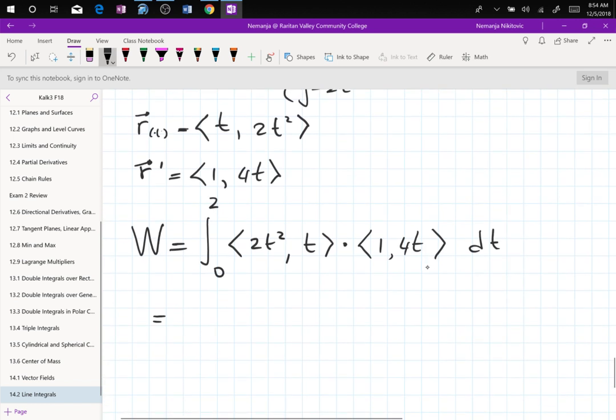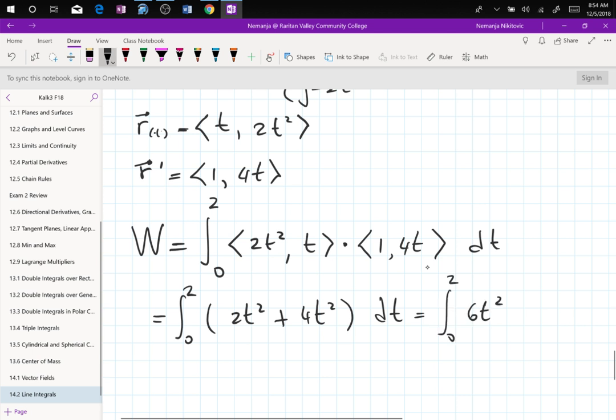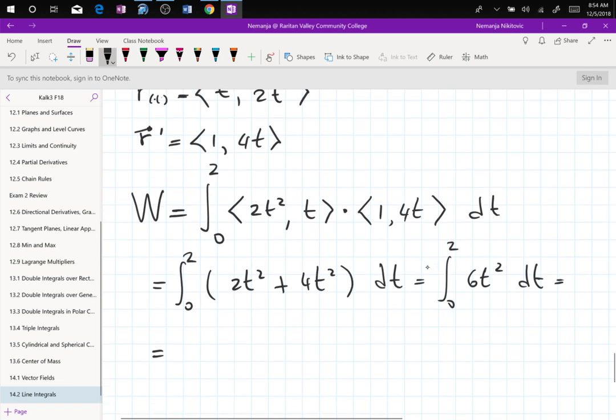Now we do the dot product, and then we'll integrate. For the dot product, I have 1 times 2t squared plus 4t squared dt, which is the integral from 0 to 2 of 6t squared dt. And finally, that is 2t cubed from 0 to 2, which is 16.